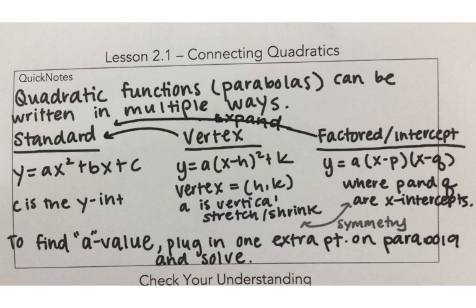So let me tell you the main questions on the quiz that you're going to be taking tomorrow. 1, it's going to ask you to find the y-intercept. Now the equation is going to be in factored form. So how can you find the y-intercept when it's in factored form?